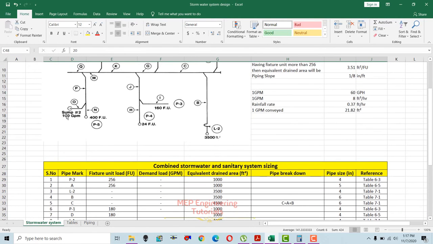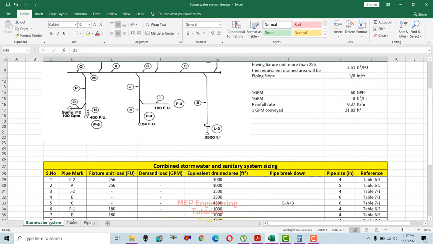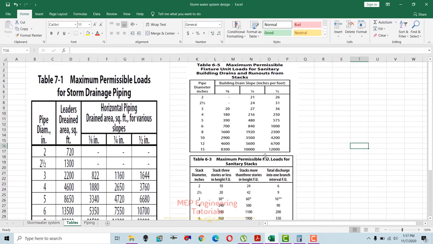Again, we have the horizontal run from the stack, which is represented by N. For the horizontal run out from the stack we have to use Table 6-5. You can see in here again the same fixture units from the stack. So in 6-5, the maximum permissible fixture unit load for this one, you can see in here.